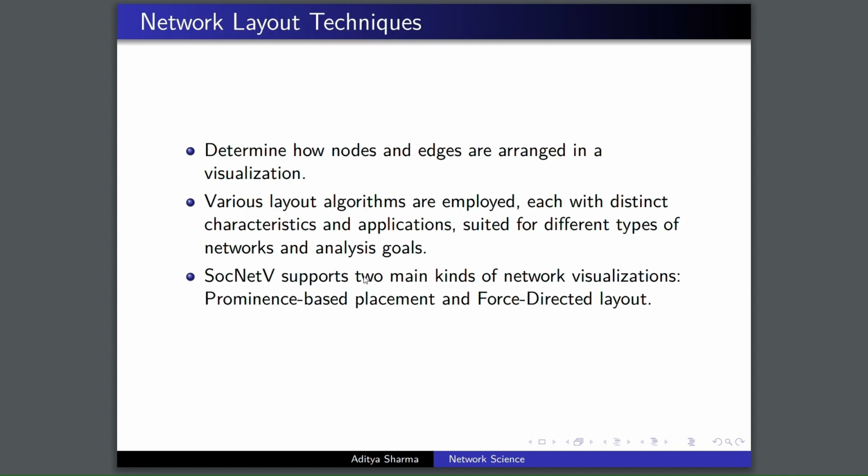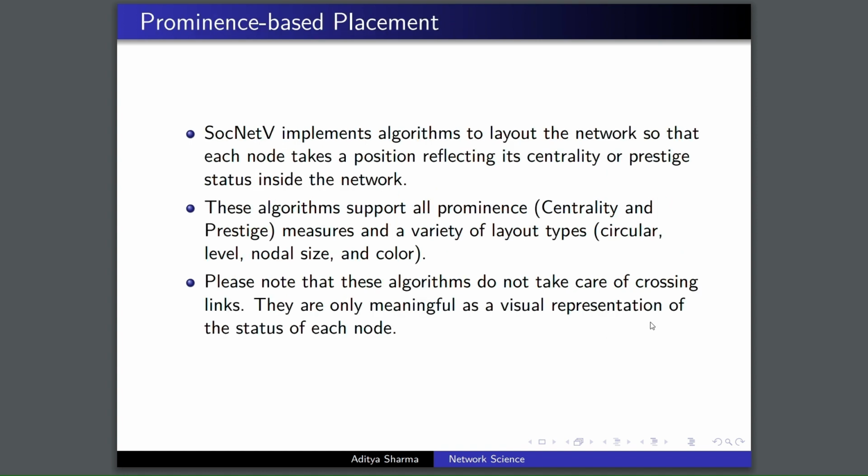Then network layout techniques. In SocNetV, there are two kinds of network visualization techniques: one is prominence-based placements and one is force-directed layout. Prominence-based placement positions nodes based on their centrality within the network, highlighting the most important and influential nodes.